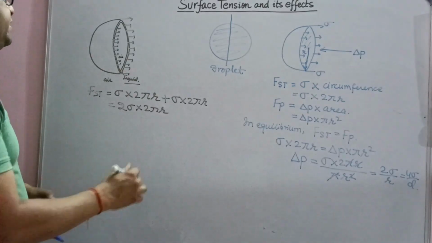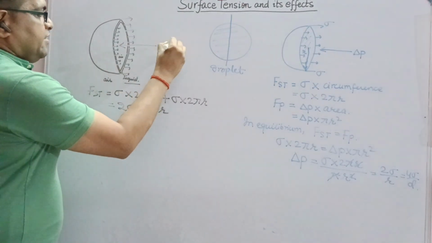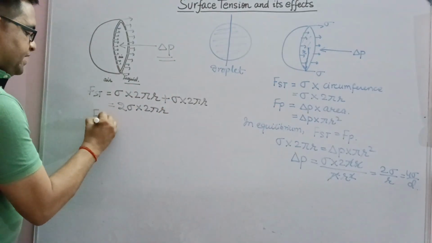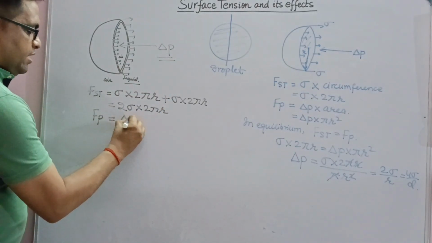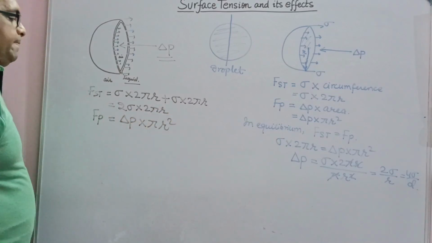And here also there will be a force due to pressure acting. If the intensity of pressure is del P, the force due to pressure will be equal to del P into pi r square.